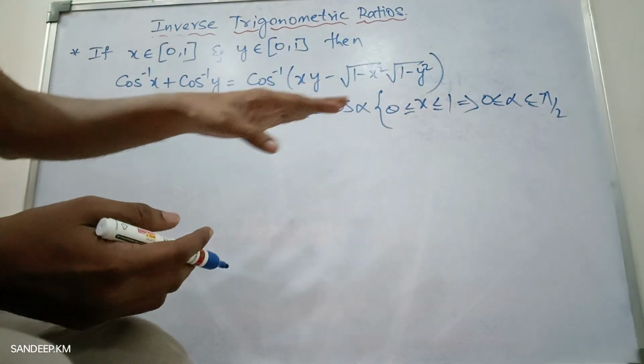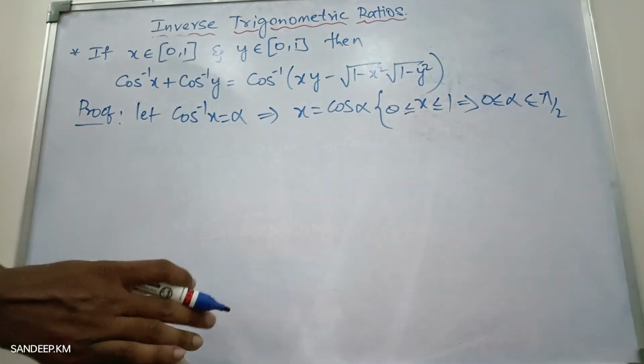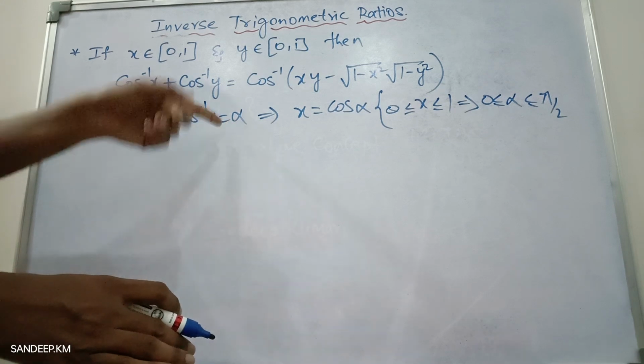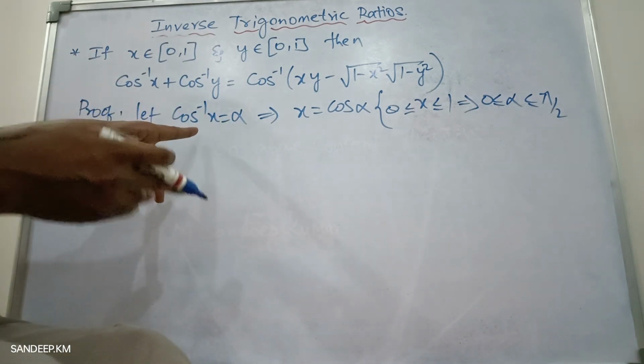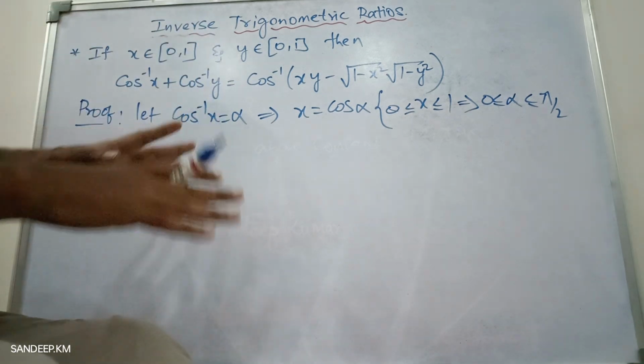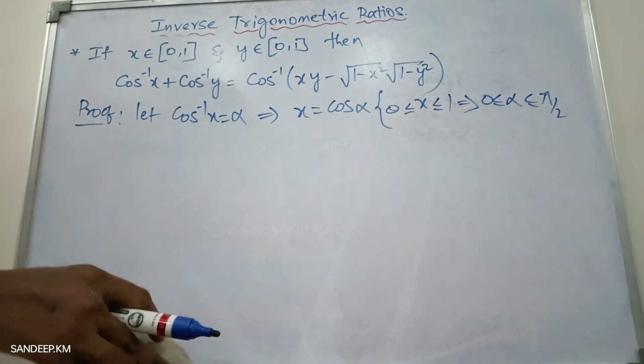So you can understand this if you have very good basics in this particular chapter. When x is between 0 and 1, then alpha is between 0 and pi by 2. And if x is between minus 1 and 0, then alpha will be between pi by 2 and pi. Just go through the introduction concepts, you will get clarity.